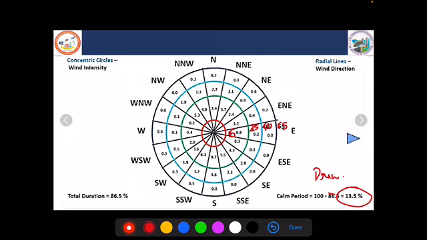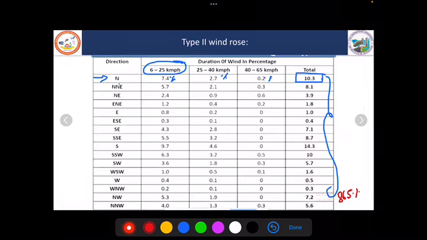Now let us see how to draw the Windrose diagram of type 2. First the radial lines are ready, and we have also drawn the concentric circles which represent the intensity of the wind. The next step is to mark the wind duration.